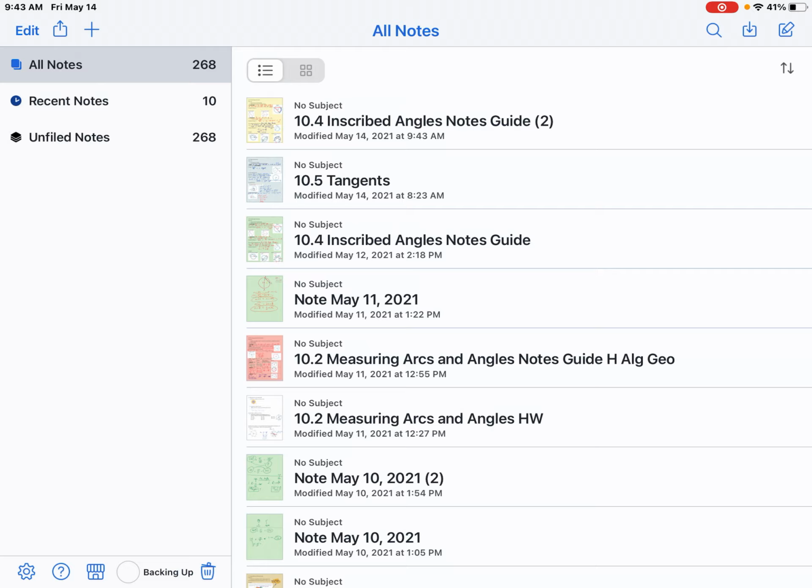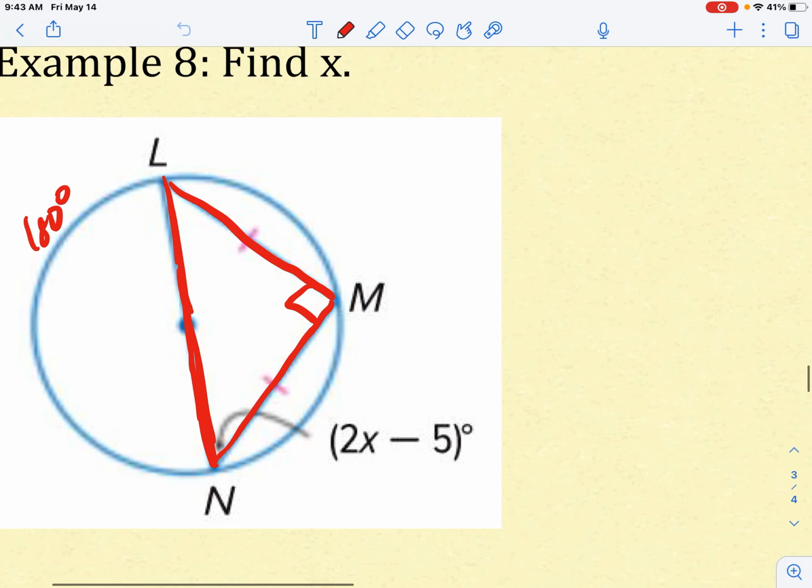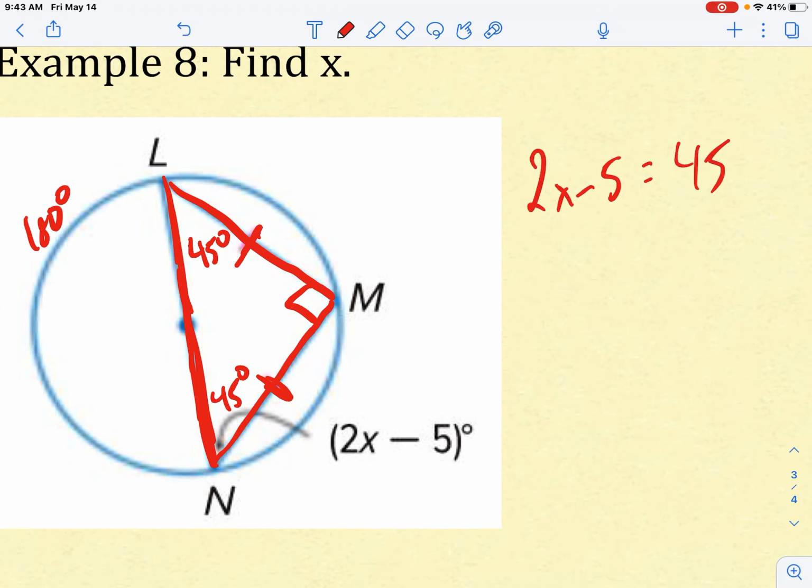So it's a right triangle. And then we notice, hey, well, look, we've got some slashes here. So that means this is isosceles. So both of these angles have to be 45. And then we'll say, hey, well, 2x minus 5 is equal to 45. 2x equals 50. And x equals 25.